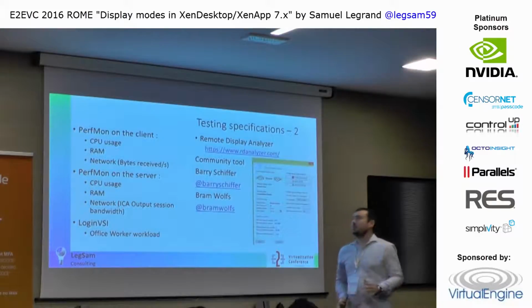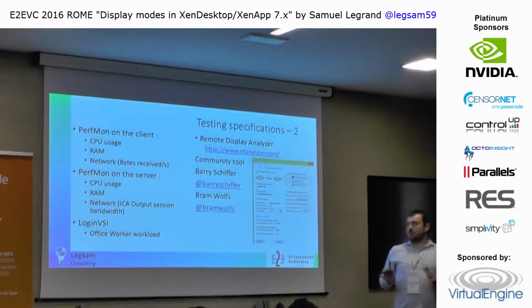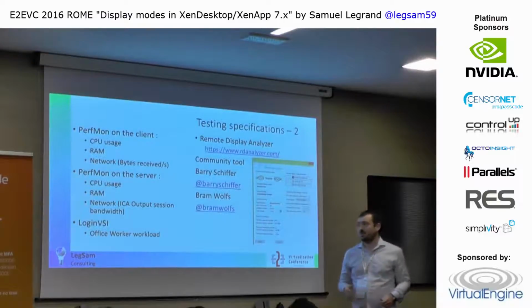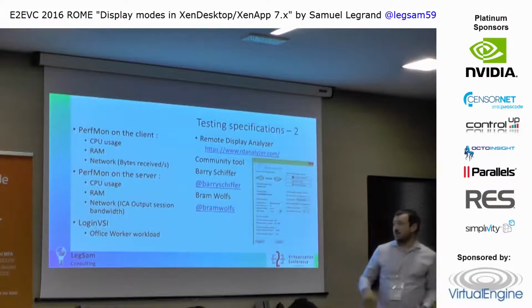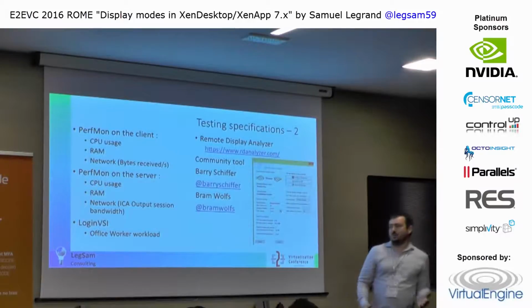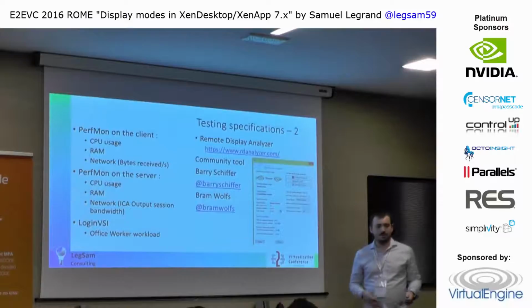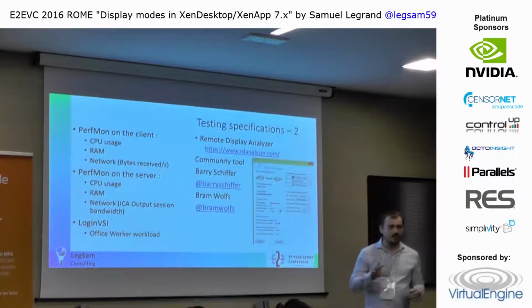So, for the Perfmon on the client, we were focusing on the CPU usage, RAM, and the bytes sent through the wire and received by the client. For the server, we were focusing also on CPU usage and RAM, and to measure the network part, we used ICA Output Session Bandwidth, which is a specific counter.